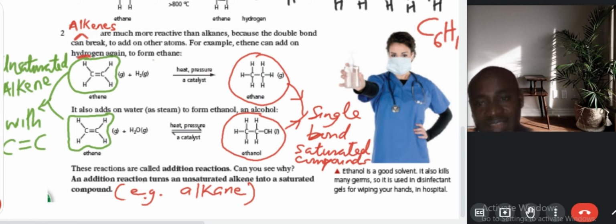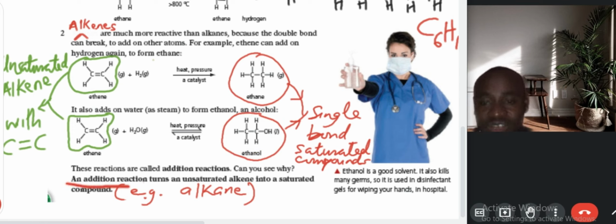The reactant itself has a carbon-carbon double bond. You can also see another example when this same ethene with a carbon-carbon double bond combines with water to form ethanol. This ethanol itself is saturated because it has a carbon-carbon single bond.